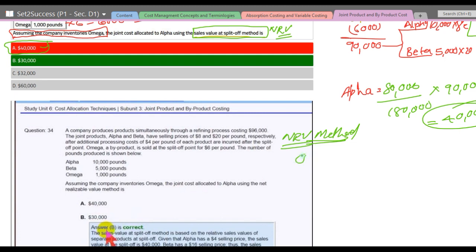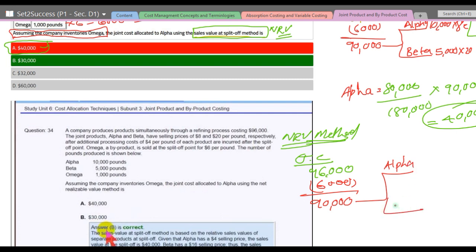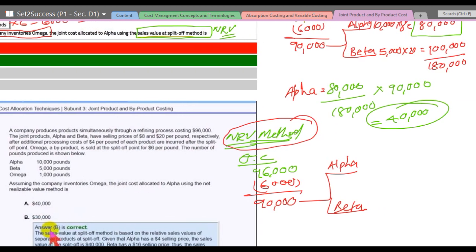The joint cost is 96,000. 6,000 is the byproduct that must be deducted from the joint cost. 90,000 must be allocated to alpha and beta by using the NRV method.